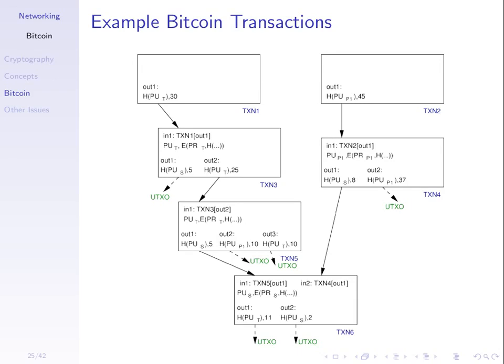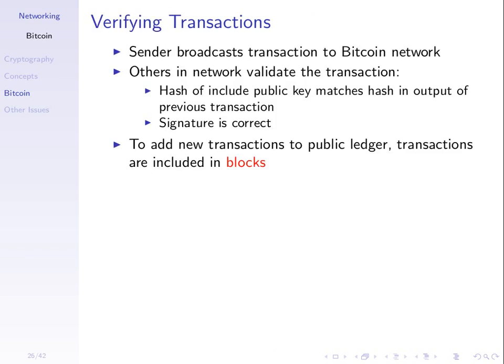So we can think everyone has a copy of all transactions. We'll get to the point that the verification to stop people from cheating will need to take some effort, some computational effort. The next concept: a sender, the creator of the transaction, the one who wants to spend the money, broadcasts that transaction to the network.